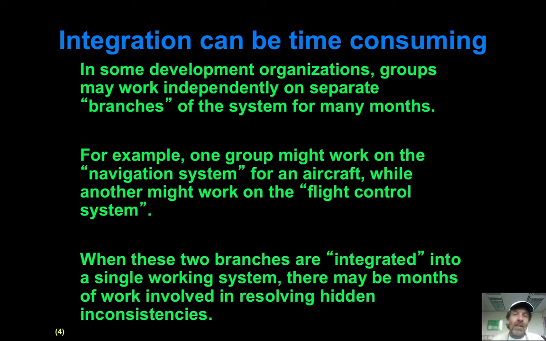So ideally we'd like to be able to detect these inconsistencies as immediately as possible, as quickly as possible, because then we haven't done a lot of further work that depended upon those initial problems, and so we can rationalize the system, make it consistent, take care of the compile problems or the testing problems or so forth close in time to when we actually made the mistake, and then the system can continue on, and we don't have many months down the road trying to put pieces together that don't actually fit. Okay?